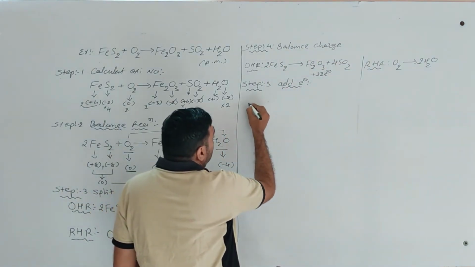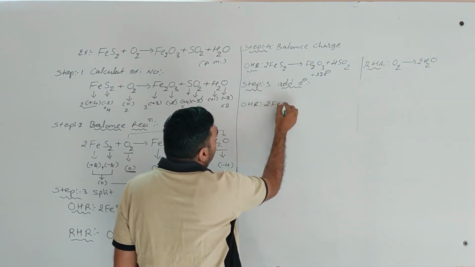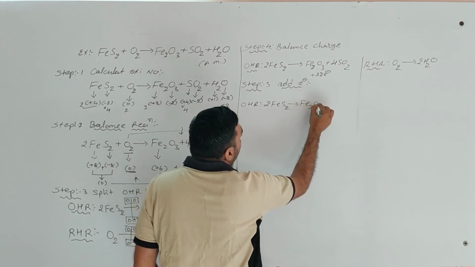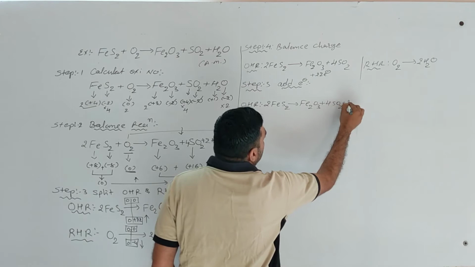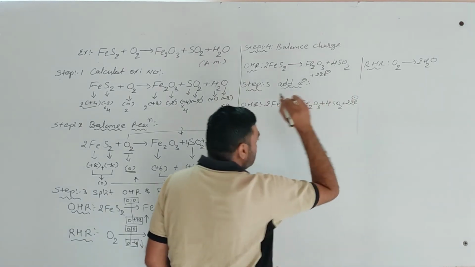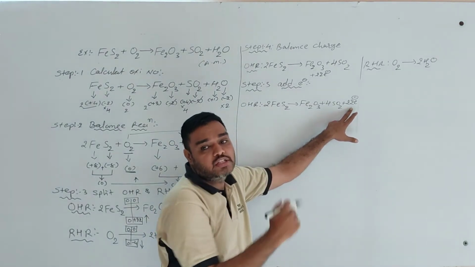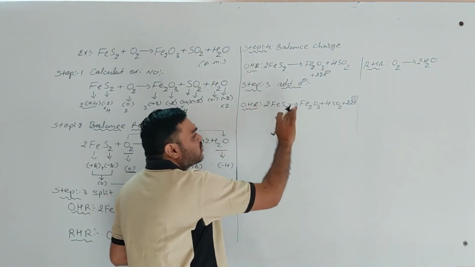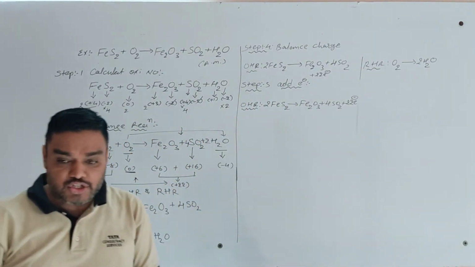So oxidation half reaction: twice FeS2 gives Fe2O3 plus 4SO2 plus 22 electrons. I have added 22 electrons on the product side because during oxidation half reaction electrons are given. That you understood according to definition.